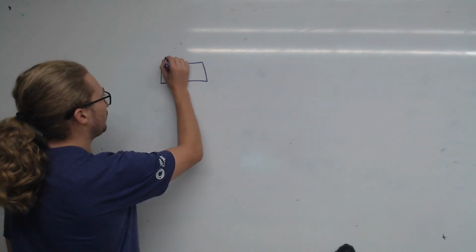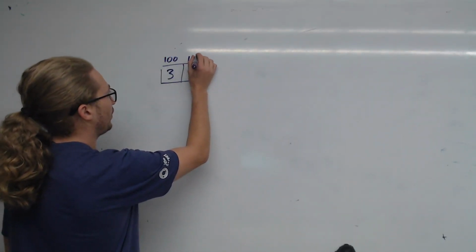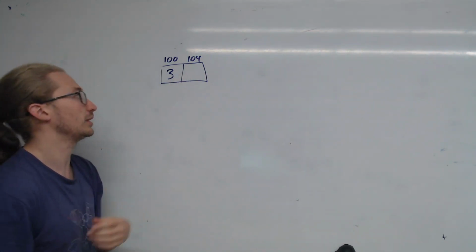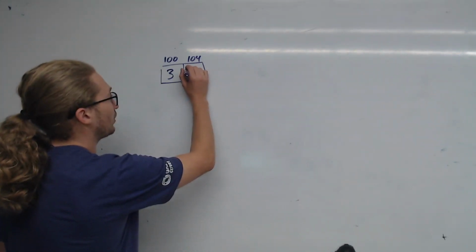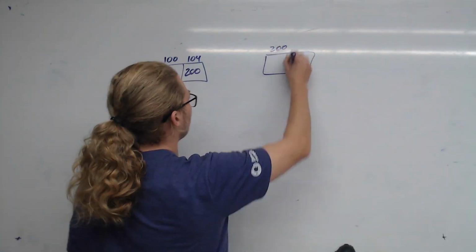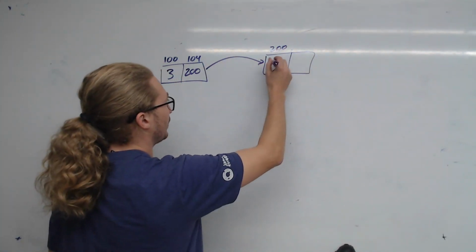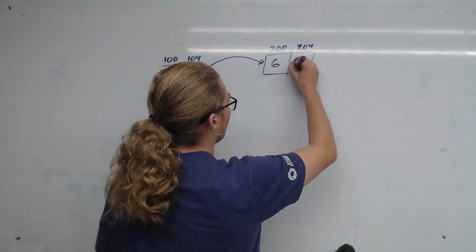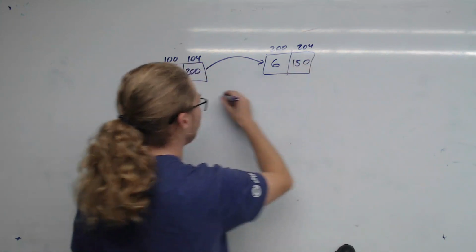So maybe this lives at memory address 100, and then the next thing, which will be a linked list pointer, lives at 104. This will contain some number 200, which tells me where the next part of the linked list lives. This could contain a 6, and maybe the next part lives at, I don't know, address 150.